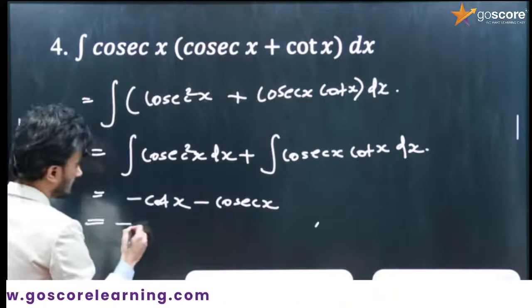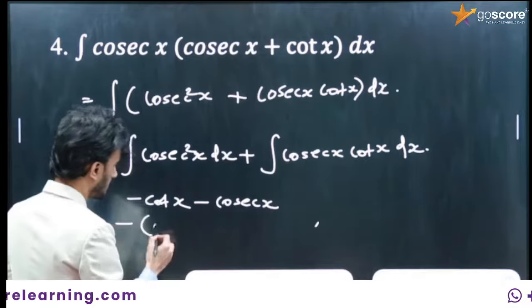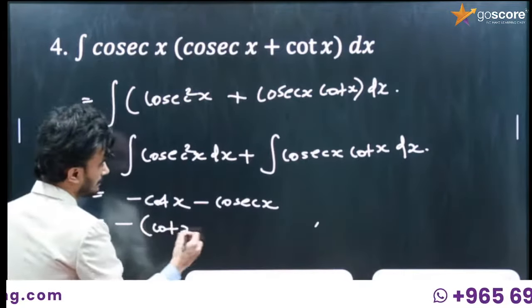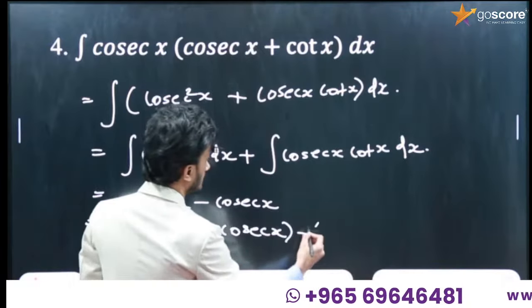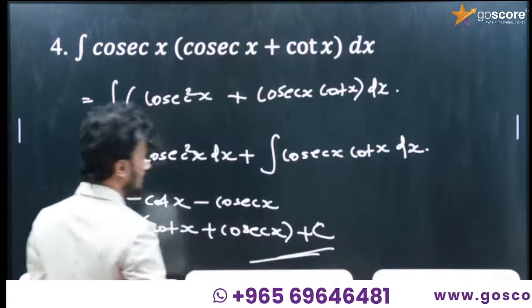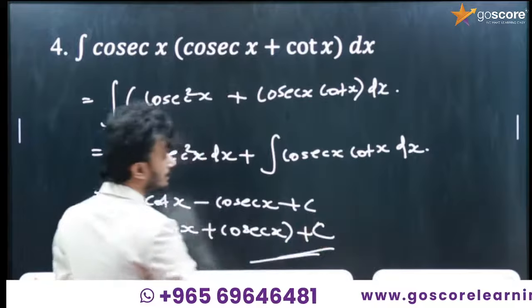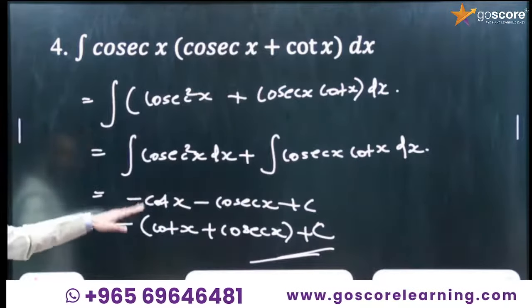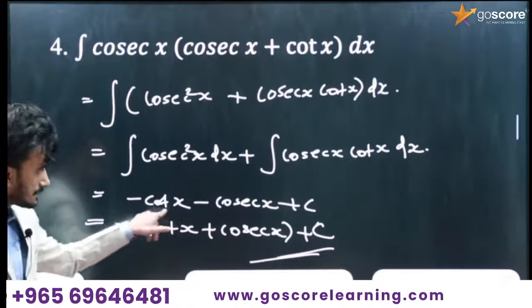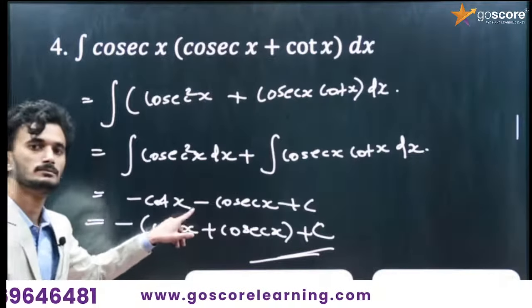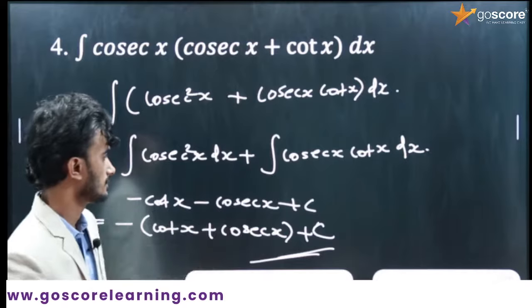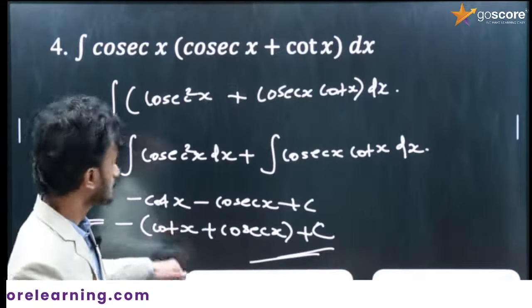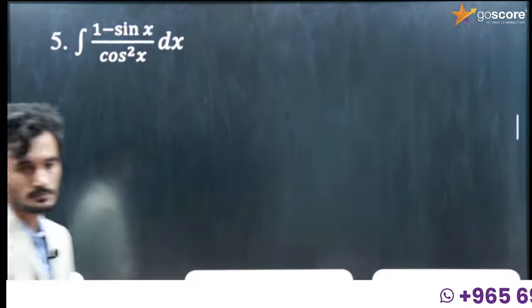So you can take the minus outside: minus cot x plus cosec x, plus c. Sometimes, if they are asking an MCQ, this one will be in your options, so you can choose this one.